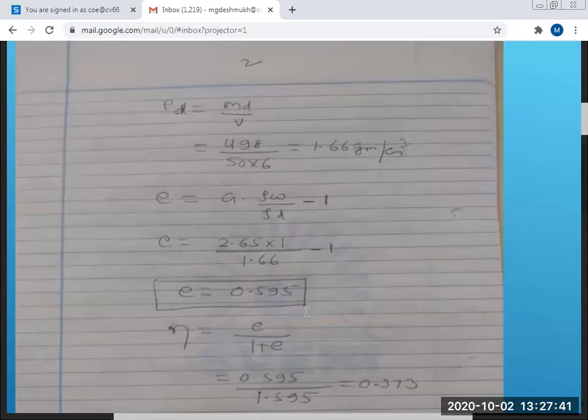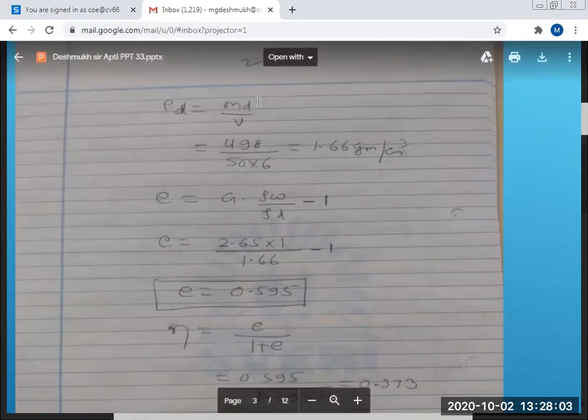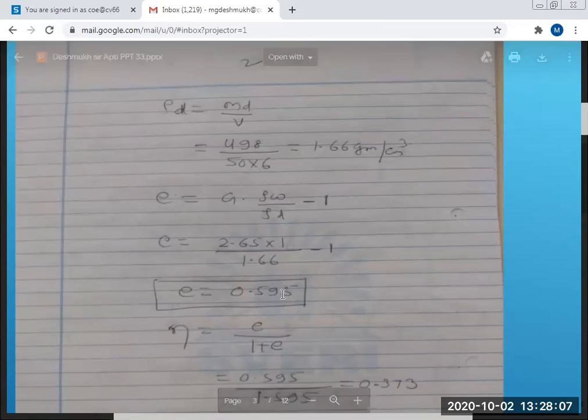Rho d is equal to md by V, 498 by 50 into 6, equal to 1.66 gram per centimeter cube. e is equal to G into rho w by rho d minus 1, so 2.65 into 1 divided by 1.66 minus 1. So e is equal to 0.595.